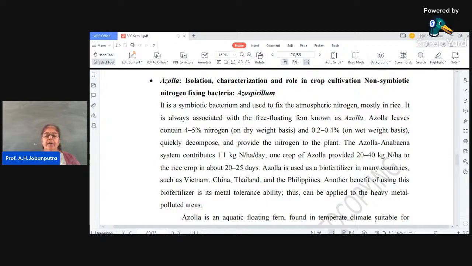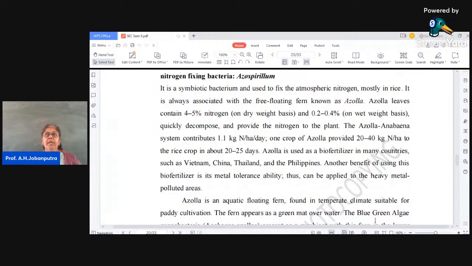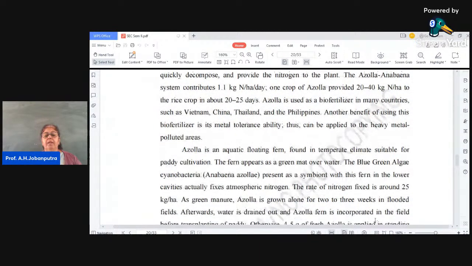So it can be used in areas which are polluted with heavy metals. There it will be very useful, and because of its metal tolerance, it can still provide the nitrogen to the plants even if the soil is polluted with heavy metals.